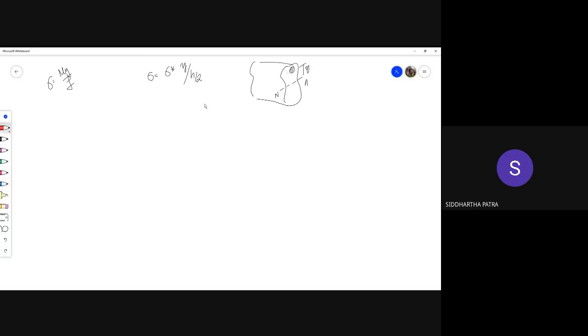Let's call this area dA, and let's say the stress on that differential area is sigma. So sigma is the stress anywhere on the cross section. The differential force due to the differential area is sigma times dA. And how much moment does it produce about the neutral axis? The differential moment is y sigma dA.